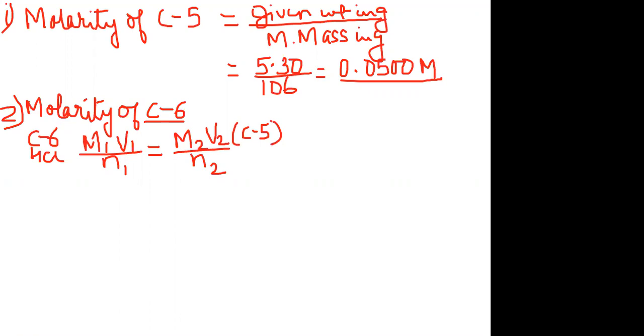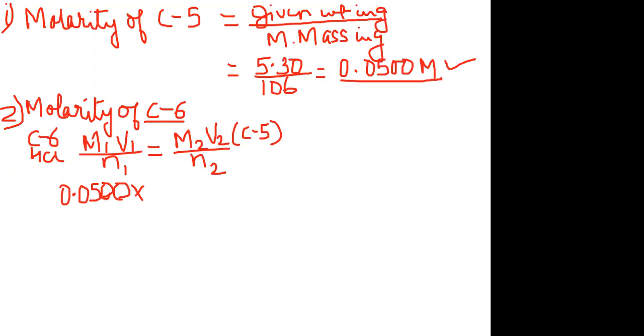Now, in the molarity equation, M1 stands for the molarity of C6, which we have calculated in question number 1. So, molarity we know already, that is 0.0500. Now, V1 stands for the volume of the solution.